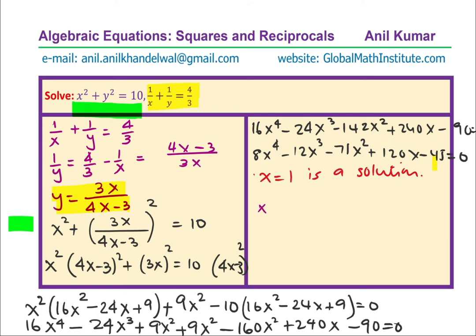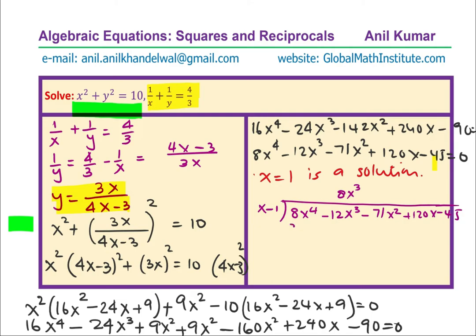So x minus 1, divide the whole equation. So this is long division, which I am going to do now. 8x to the power of 4 minus 12x cubed minus 71x squared plus 120x minus 45, correct? So first we'll multiply by x, 8 times x cubed.